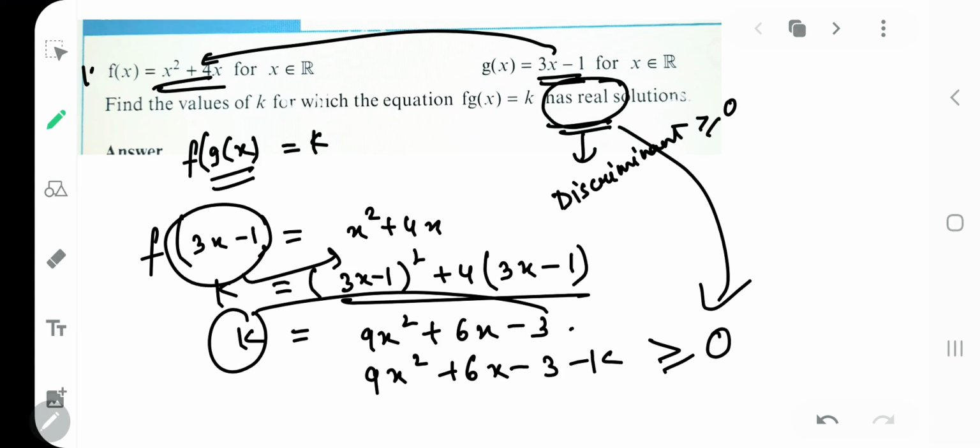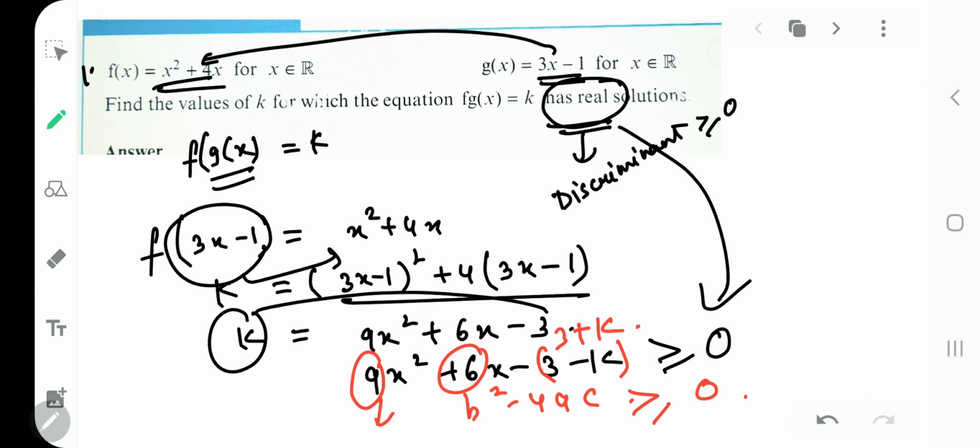Further, you have to take this as b square minus 4ac greater than or equal to 0. Here this is your a, this is your b, and this will be your c, minus 3 minus k. Once you put this into the equation, you will get something like this, and from there you will get the value of k, which is greater than or equal to minus 4. Is that clear?